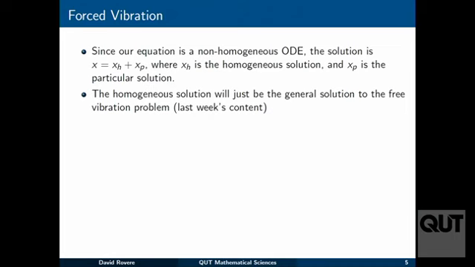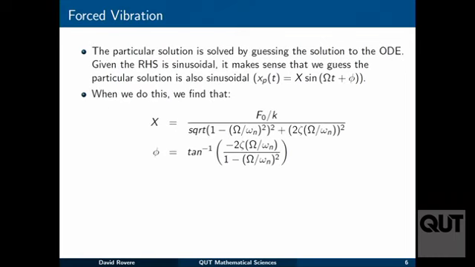But how do we get this xp, this particular component of the solution? Well, to get the particular component of the solution of a non-homogeneous ODE, what we do is we guess or we assume the general form of the particular solution based on what the right-hand side of the ODE looks like. So you can see in our case, the right-hand side of the ODE is a sinusoidal function.